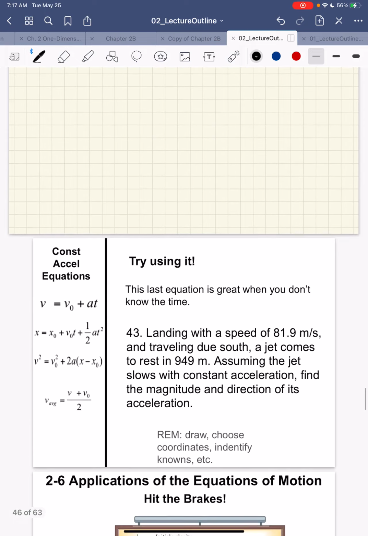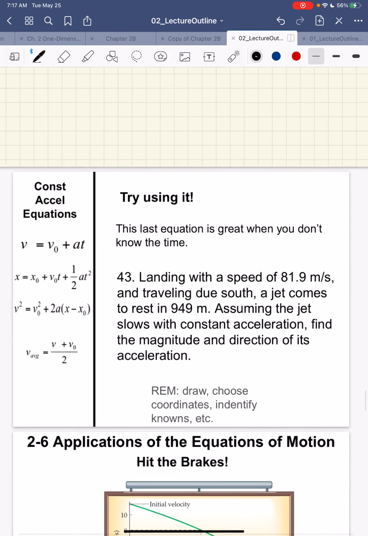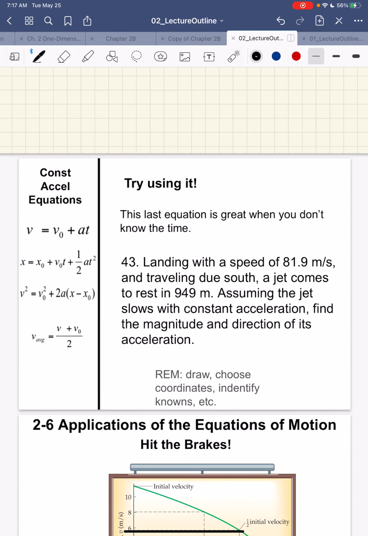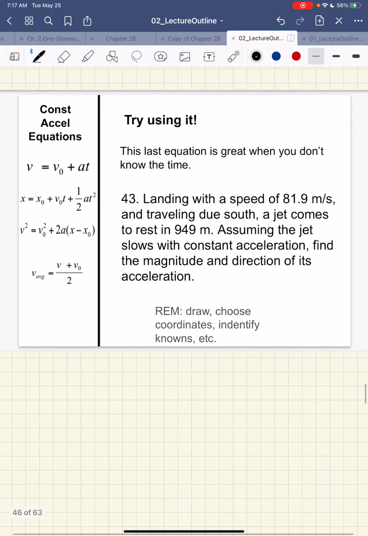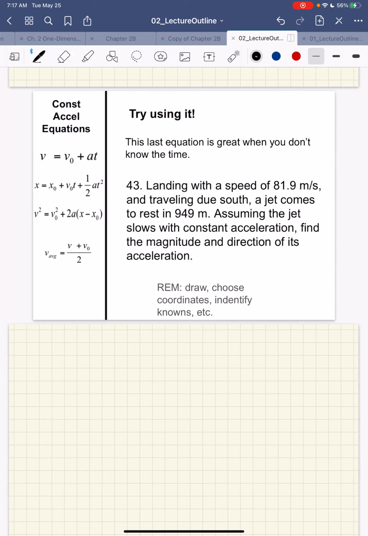I want to try it, and this is where I will start solving this one. Now remember, I'm doing this without talking about the steps of problem solving, but usually it is recommended.